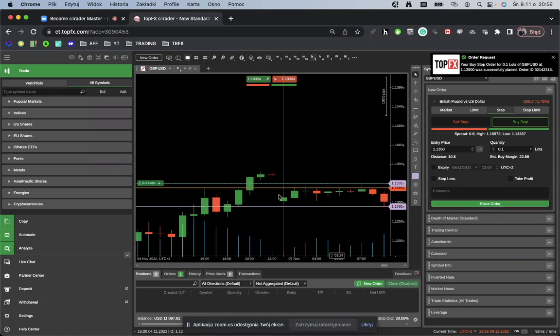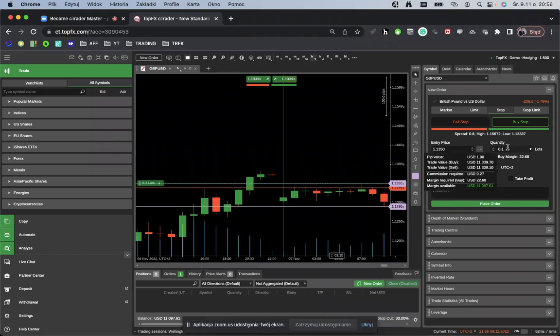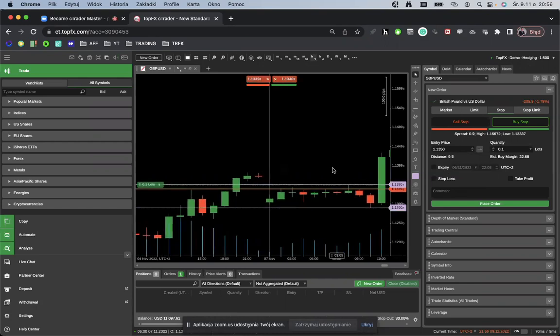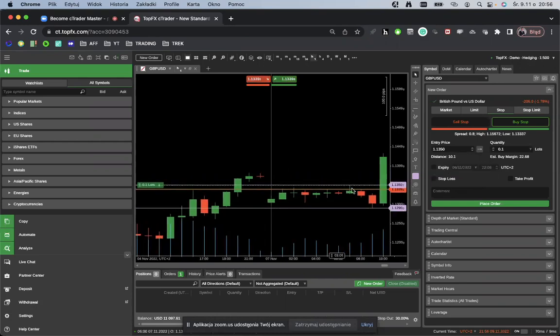I've just told my platform to buy 1 mini lot at 1.1350, and this is an hourly, 1 hour chart. Next hour comes in, and I get this candle. It means that my trade will be activated because I'm buying the breakout of 1.1350, and I will be in profit for all of that candle. So this is a buy stop.